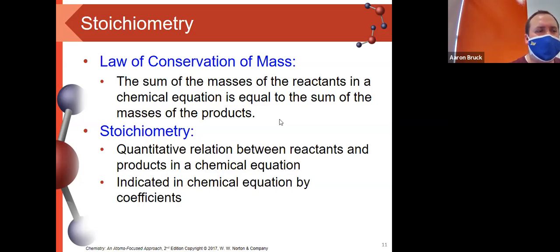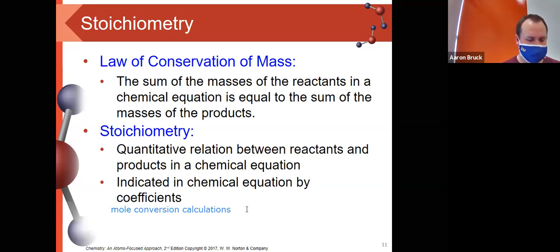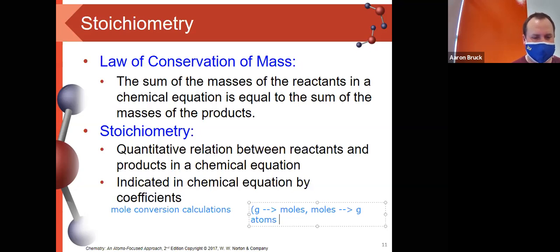One of those means you're familiar with already: mole conversion calculations, that is, grams to moles, moles to grams, atoms to moles, and so on.